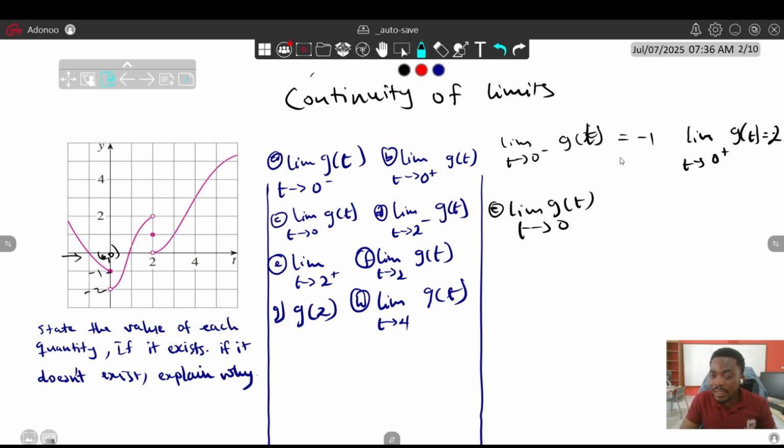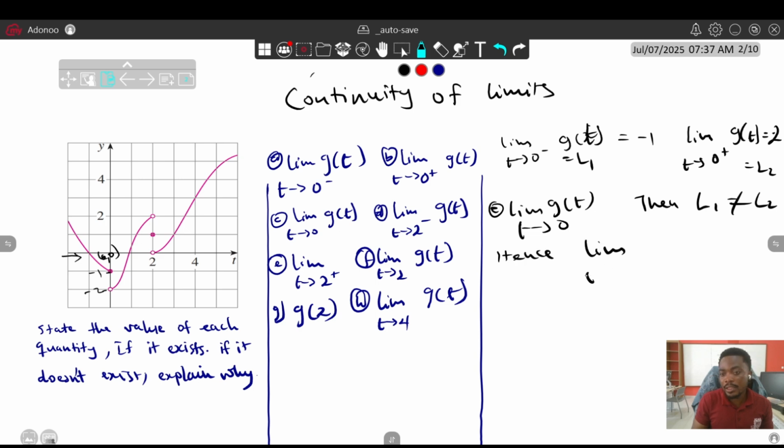But we can obviously see that the left-hand limit here is equal to -1, while the right-hand limit here is equal to -2. So if this is equal to L1 and this is equal to L2, then L1 is not equal to L2. Hence, the limit as t approaches 0 of g of t does not exist.